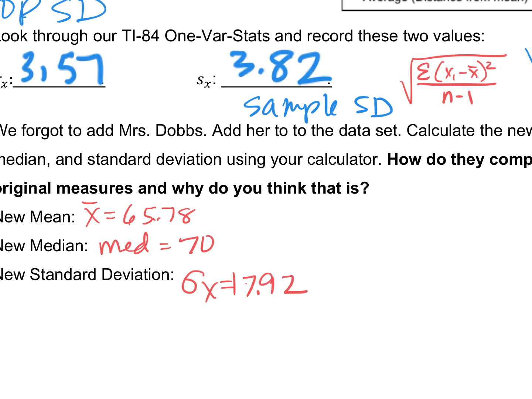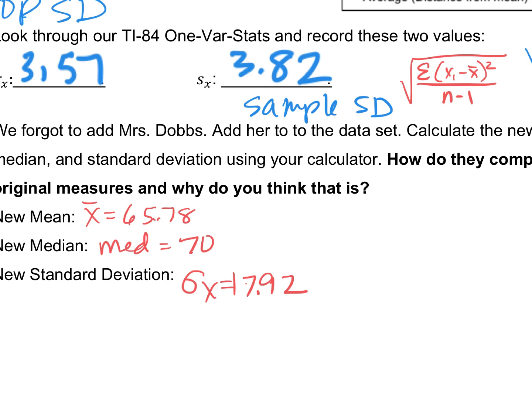Huh. Why do you think it changed so much? So does it always change when you just add a number? You added an outlier. We added an outlier, didn't we? Throwing that language around. It's good stuff.